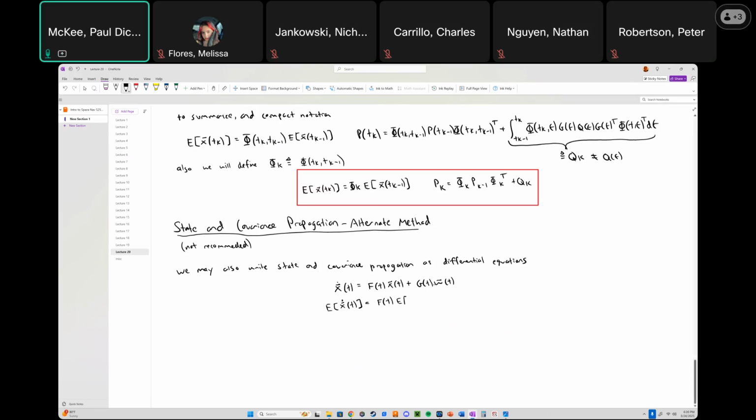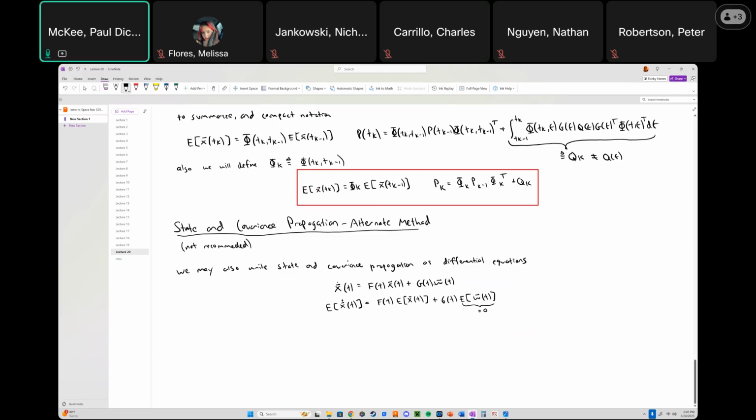So here we're not actually solving for x of t as a function of previous time. We're just saying, okay, I'm comfortable with this existing as a differential equation. And then you've got g of t expected value of omega of t, which this term is equal to 0. So you can drop the whole second term.